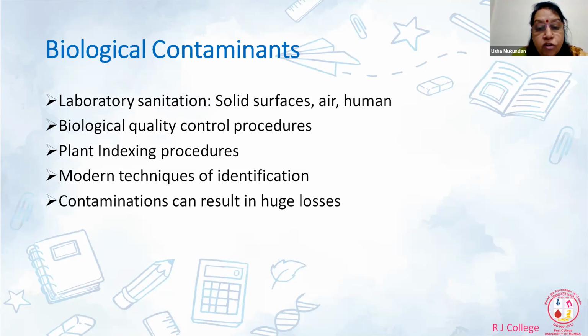So you will be studying modern techniques also. However, the take-home message is you want a contamination-free laboratory, a contamination-free explant, and finally you want all the plantlets growing in vitro to be totally clean. Are you with me?